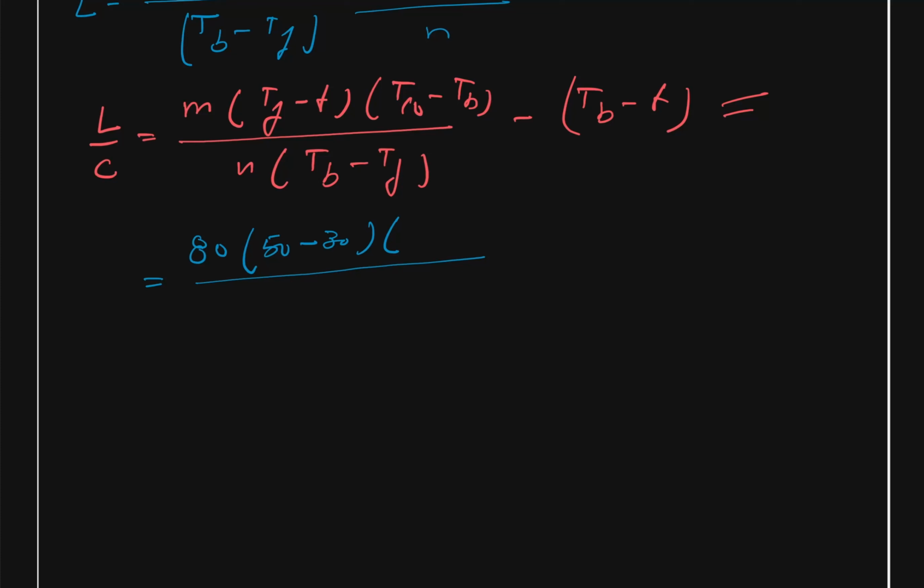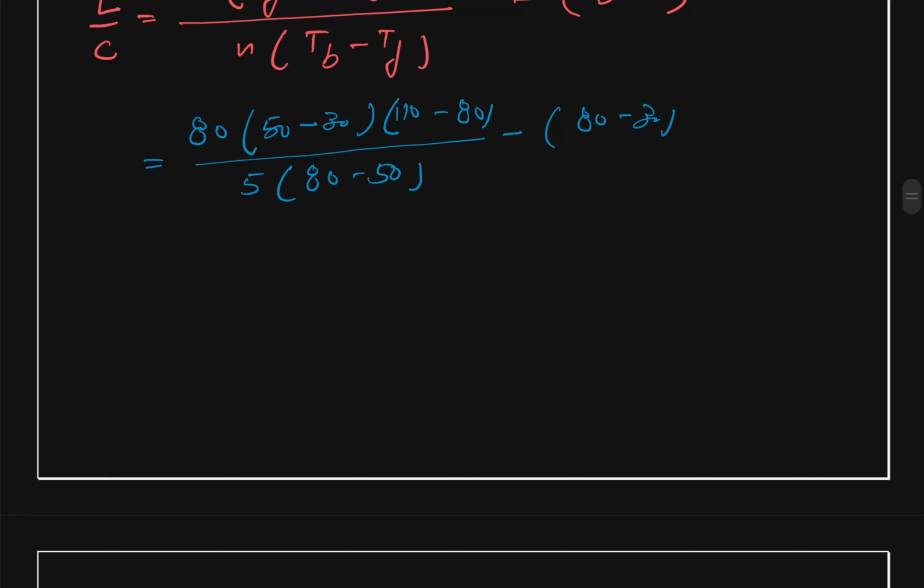TC0 is our calorimeter initial temperature, which is 110, and TB is the boiling temperature, which is 80, and n is what we put in the first stage, that is 50. The rest of the things will be the same: 80 minus 50, minus, and this comes as 80 minus 30.